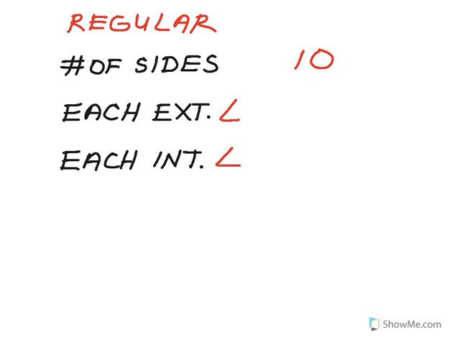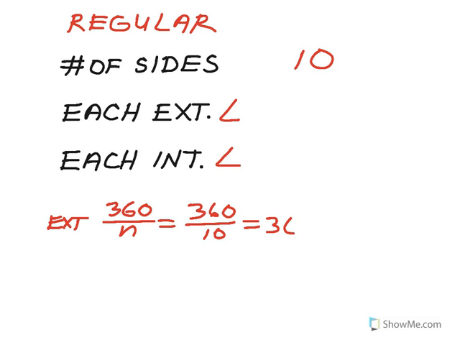Anyway, if I have a 10-sided figure, first let's figure out what's the measure of each exterior angle. One exterior angle is always going to be 360 divided by the number of sides. So if I have 10 sides, 360 divided by 10, or 36 degrees. So each exterior angle will be 36 degrees.